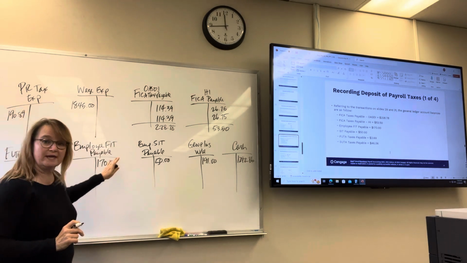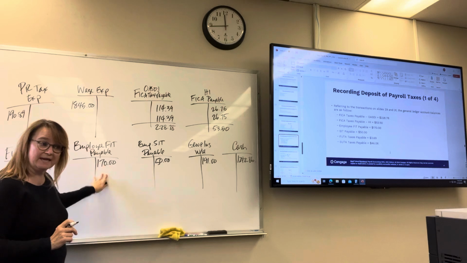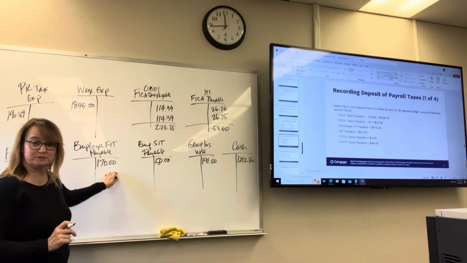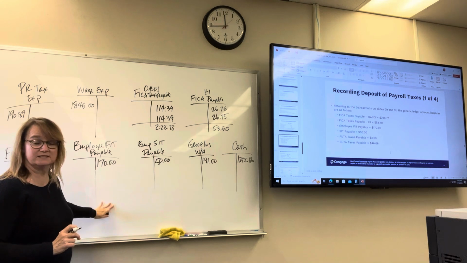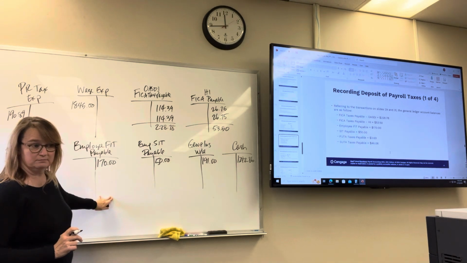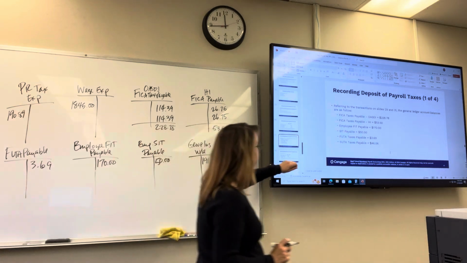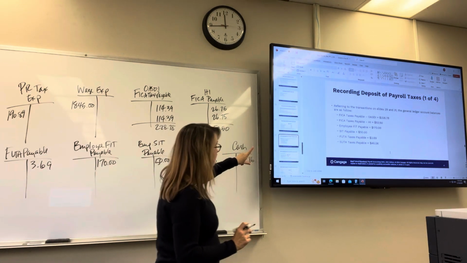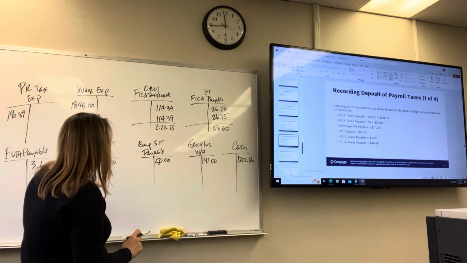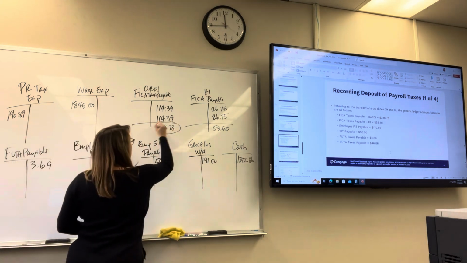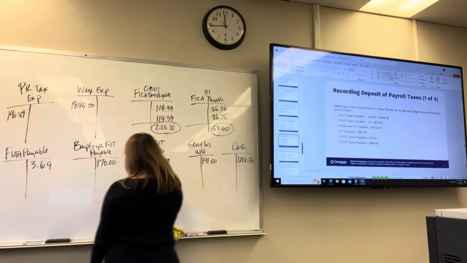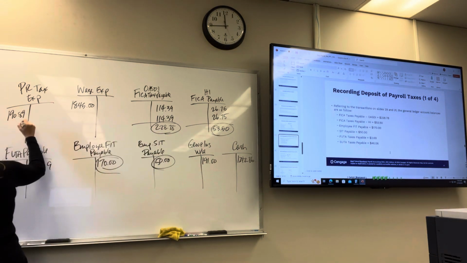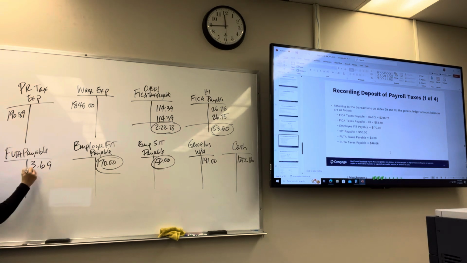If we had multiple pay periods before we make this payment, then we're going to total up everything that is in this credit column. State income taxes payable, FUTA taxes, and SUTA taxes payable. So we know exactly how much is going to need to be paid on all of these payable accounts.